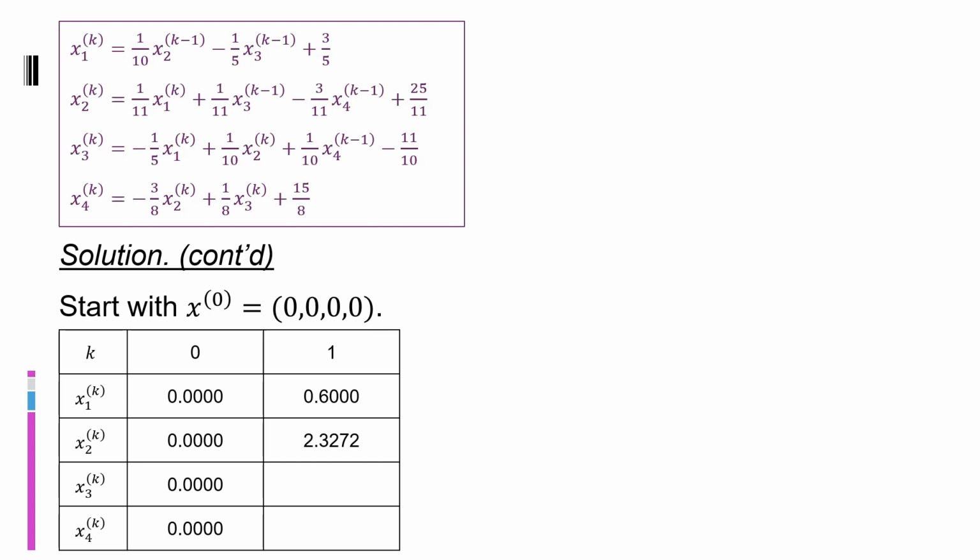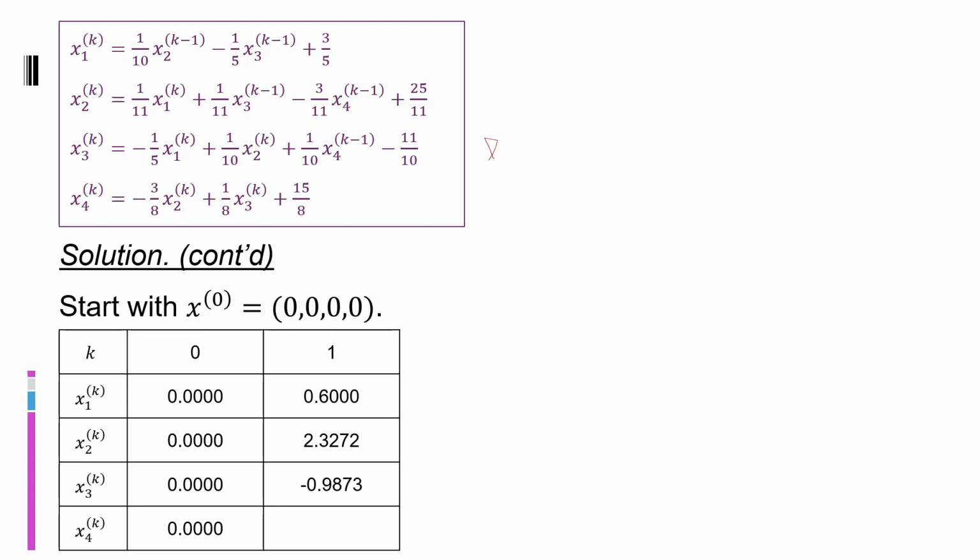For x sub 3, we have negative 1/5 times, ito ang gagamitin natin, 0.6 plus 1/10 times 2.3272 plus 1/10 times 0 minus 11/10. So x sub 3 now equals negative 0.9873.